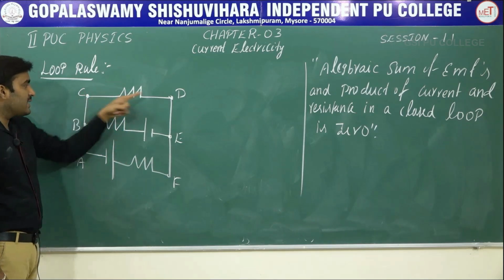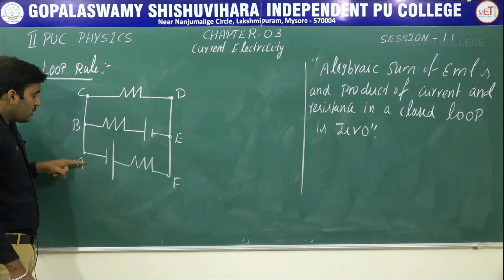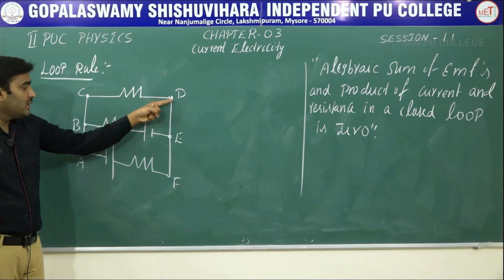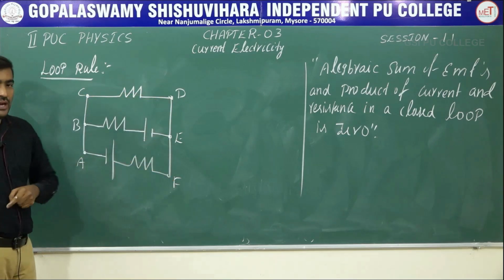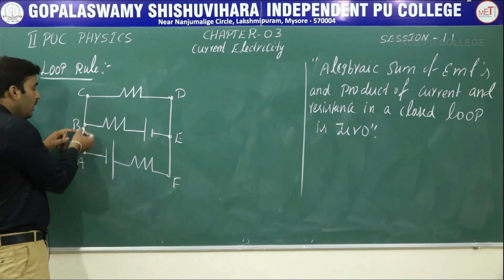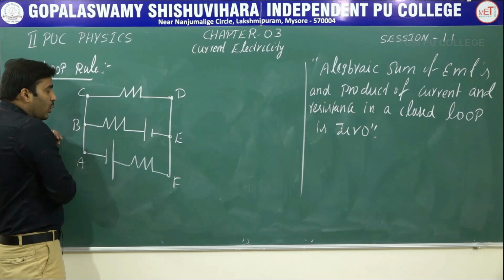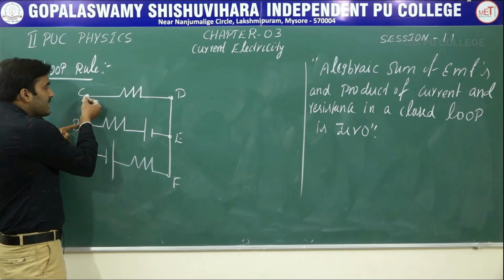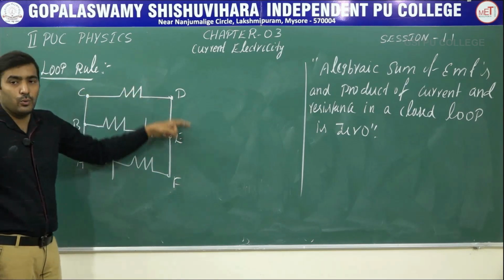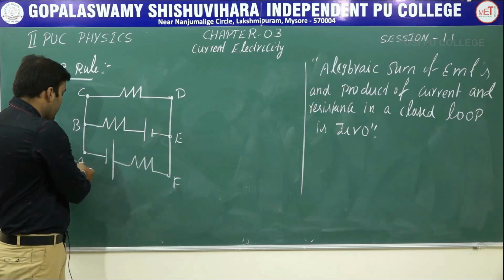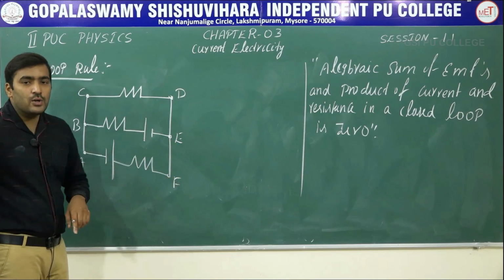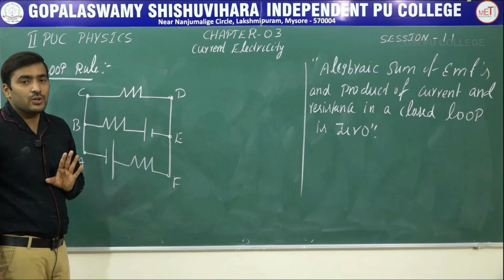The circuit is A, B, C, D, E, F, A. If I start from A, go B, C, D, E, F, and again come back to A, this is known as a closed circuit, or a loop. One more closed loop you can consider is B, C, D, E, B. And if you consider A, B, E, F, A, this is also a closed loop or a closed circuit.